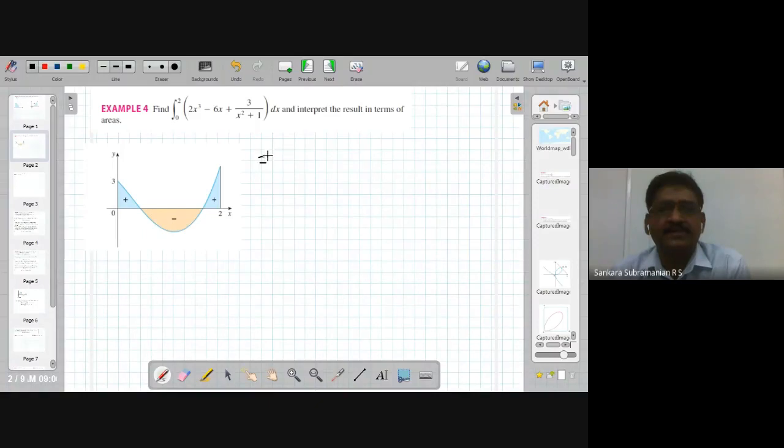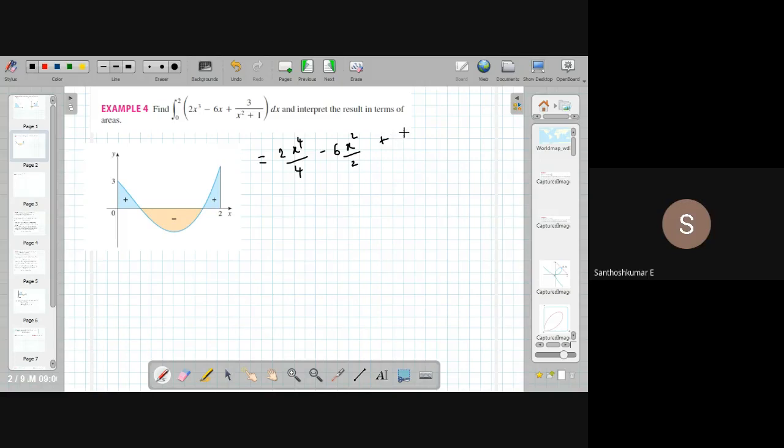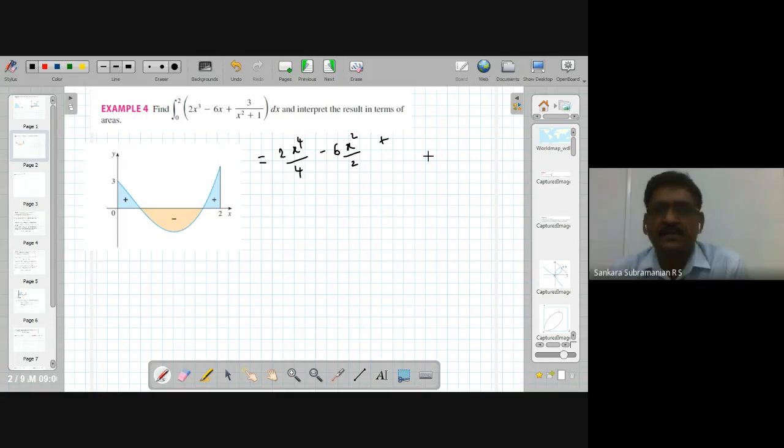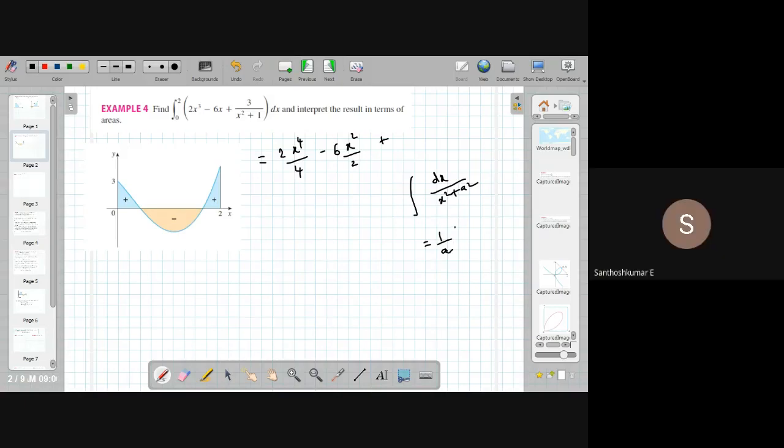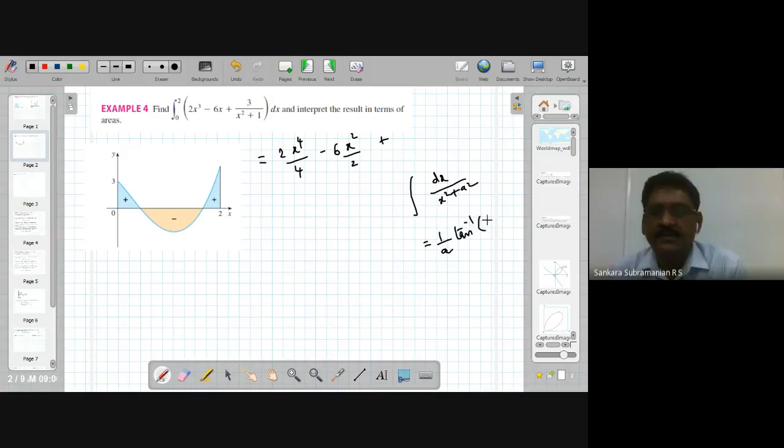After evaluation of this integral, you get 2 times x to the power 4 by 4, minus 6 times x square by 2, and then you have to go through the formula. Integral of dx by x square plus a square is 1 by a tan inverse x by a.